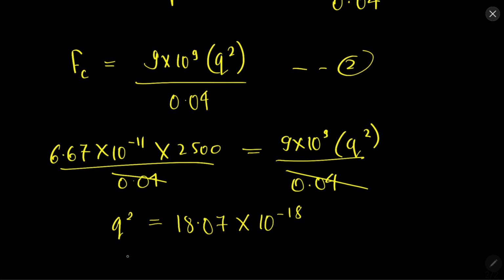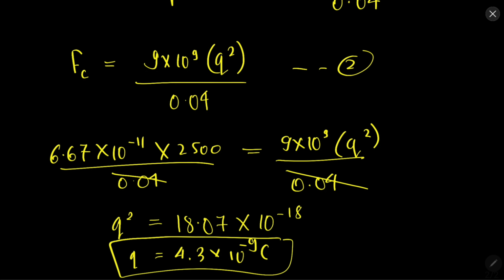So we have to take the square root. After taking the square root, you will find that the value is approximately 4.3 into 10 to the power minus 9 coulomb. This will be the value of the charges. Each individual charge must be this much coulomb in order to have the force equal to that of gravity.